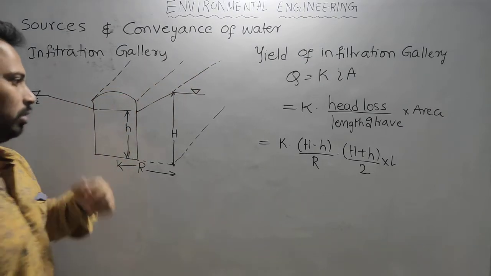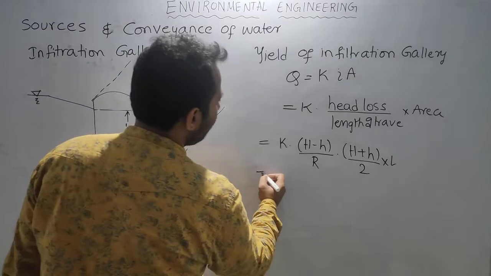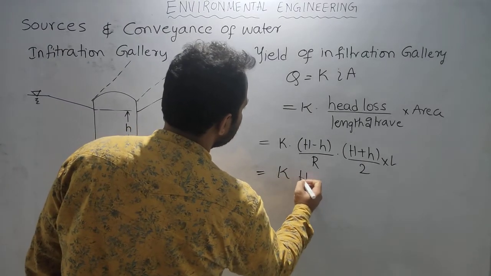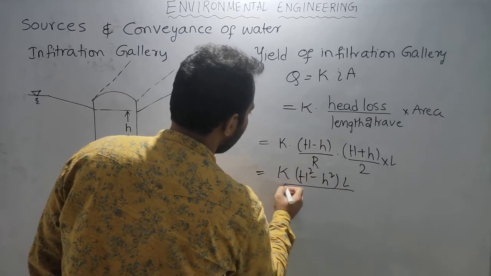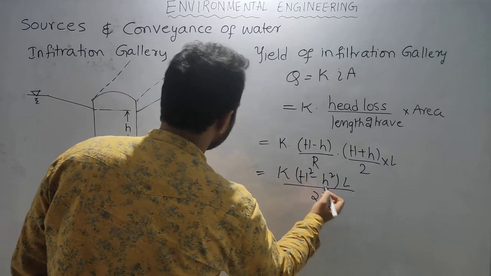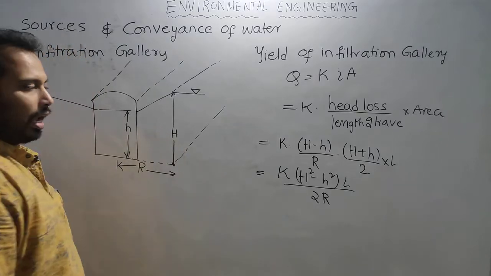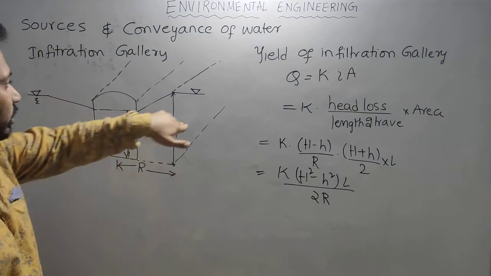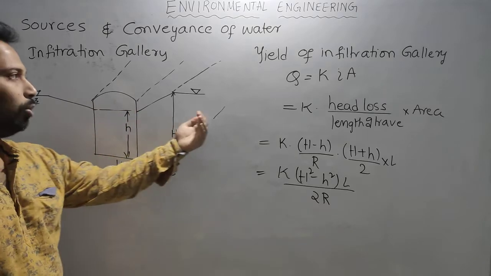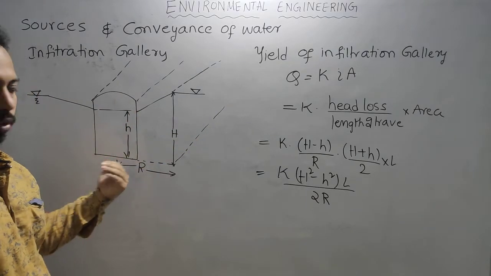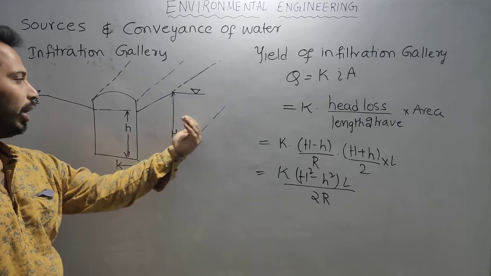So we get Q equals K (H1 square minus H2 square) multiplied by L by 2R. This is the yield of the infiltration gallery when the water is coming only from one side. I am not considering the other side; I did this proof by looking at one side only.